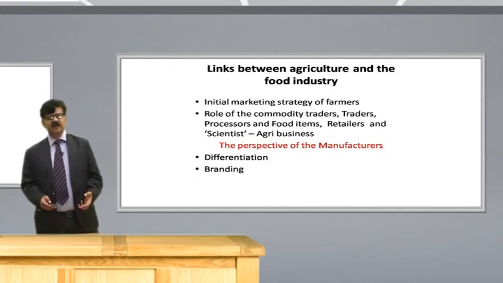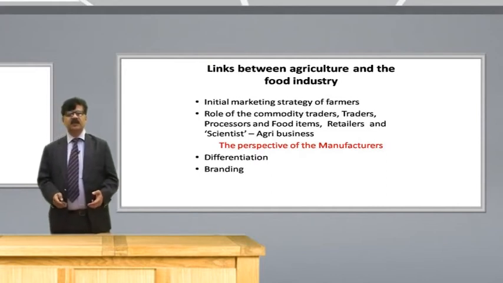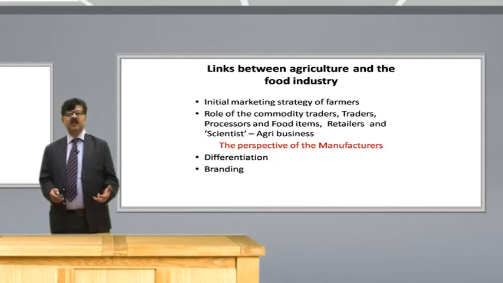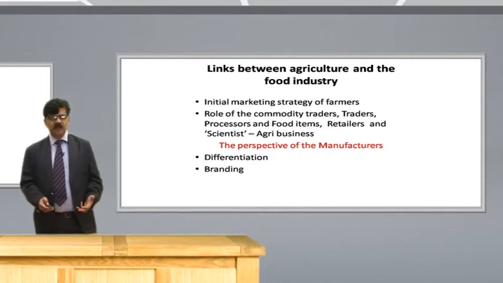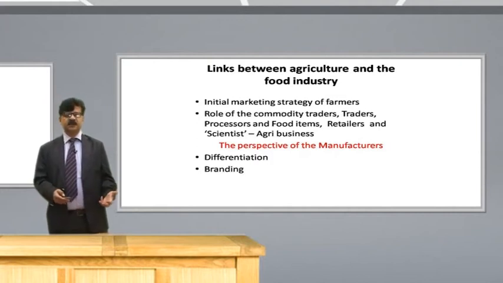Before we understand further about the market-led part of it, it's very important that we also understand the perspective of the manufacturers. The manufacturers who are actually involved in food processing lend a lot of faith and belief to the farmers finally in terms of the market.